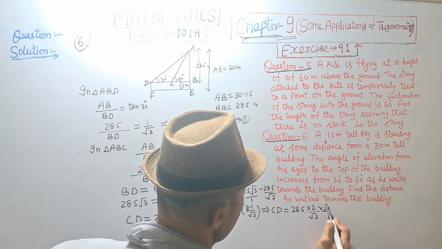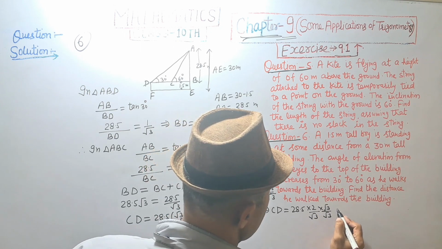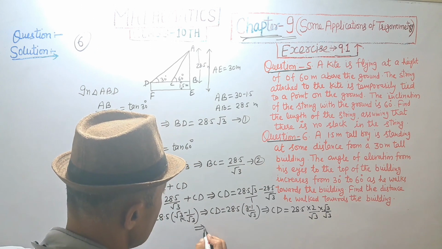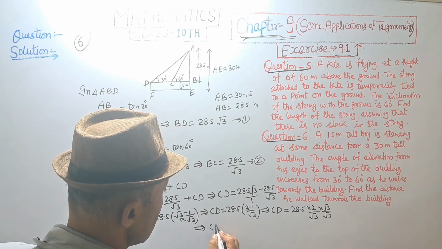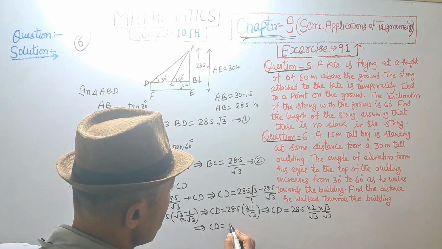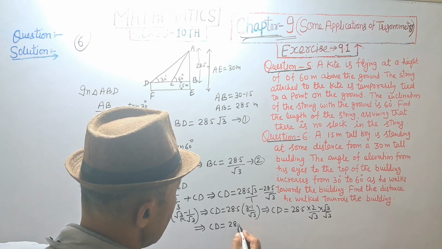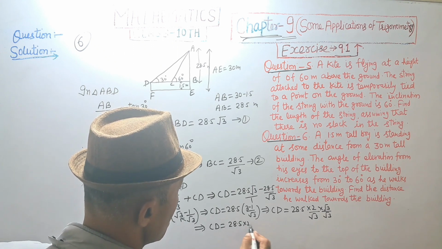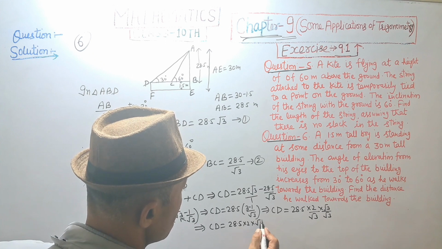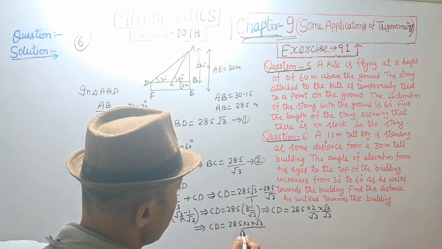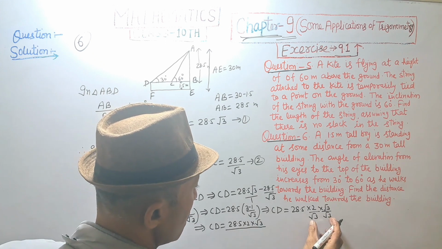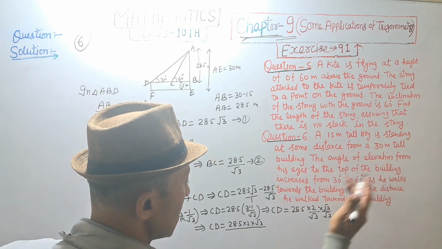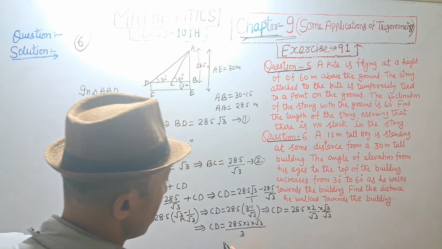Rationalizing by root 3, we get CD equal to 28.5 into 2 into root 3 divided by root 3 square, and that is 3.